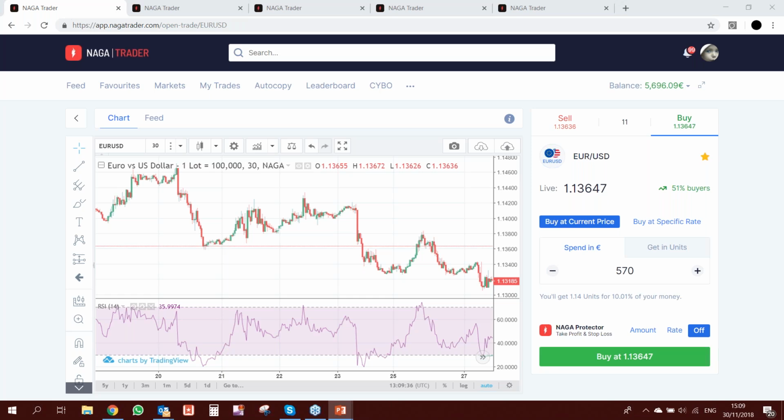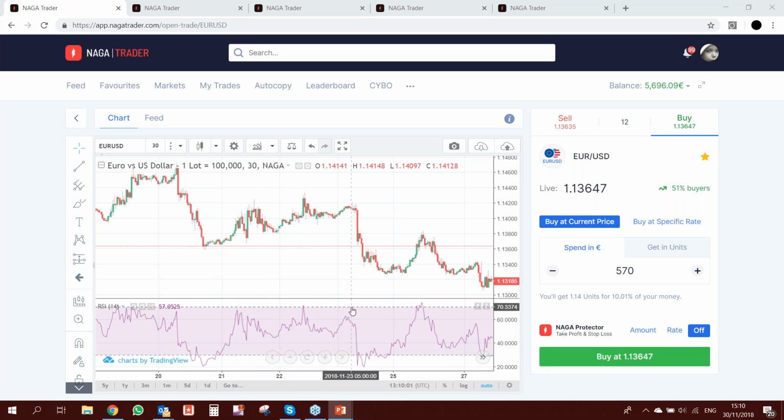Oscillators are also useful when an instrument is in an overbought or oversold situation. Most oscillators have an overbought area and an oversold area. As you can see on our chart on the RSI, Relative Strength Index, we have the overbought area and the oversold area.